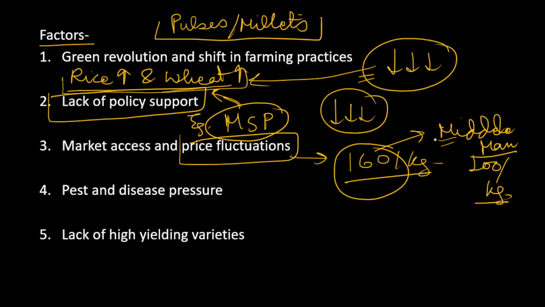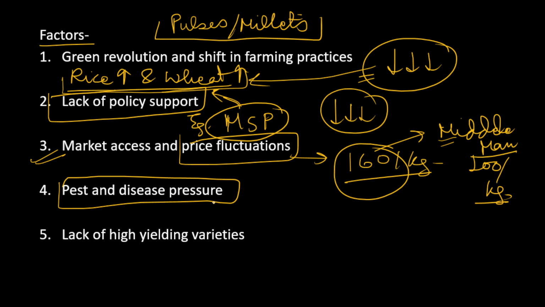So when a farmer has 1 hectare of land and produces pulses in that hectare versus rice or wheat, you will see that the farmer with rice and wheat will get more income. So market access is a problem, price fluctuation is a problem, and pest and disease pressure is a problem, because we have not developed as many varieties in pulses as compared to rice and wheat.